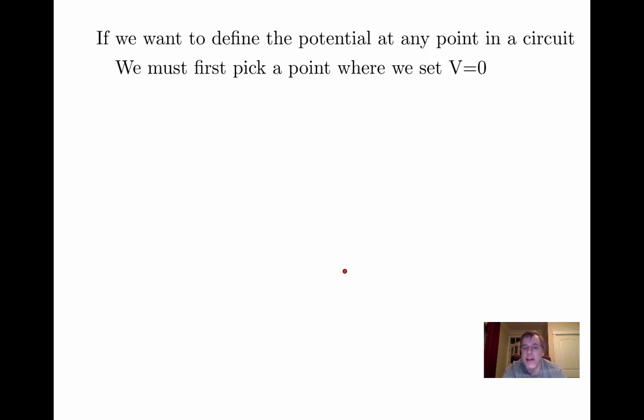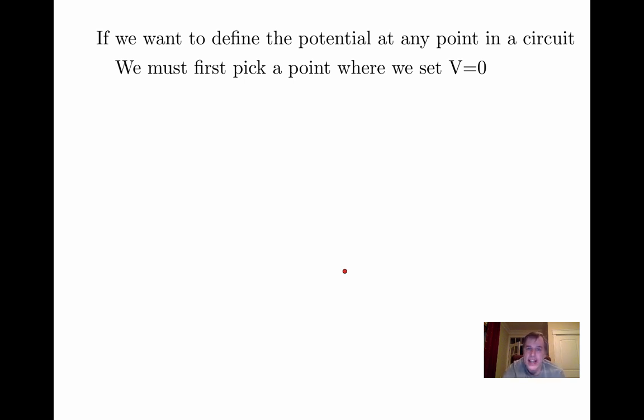Same thing happens in a circuit. When we define the electric potential at any point in the circuit, if I give you an electrical circuit and ask you what's the electric potential at that point, that's like asking what is y of window A. It can be anything you want.